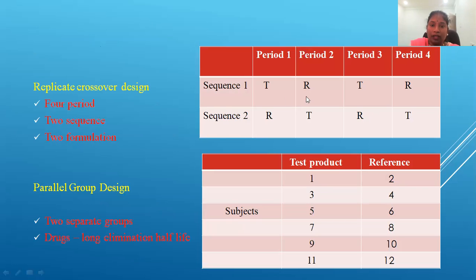Replicate crossover is nothing but you are taking 4 periods and 2 sequences, meaning group 1 and group 2. Subjects 1 to 6 are group 1, and subjects 7 to 12 are group 2. Here you are taking only 2 formulations, test and reference, but you are giving them repeatedly to the same subject.